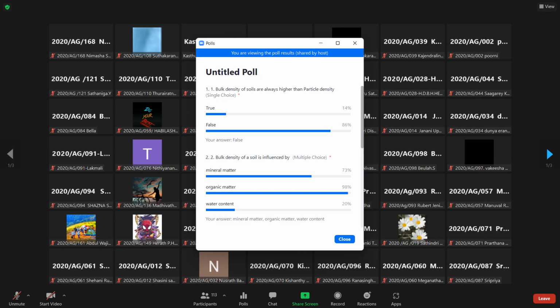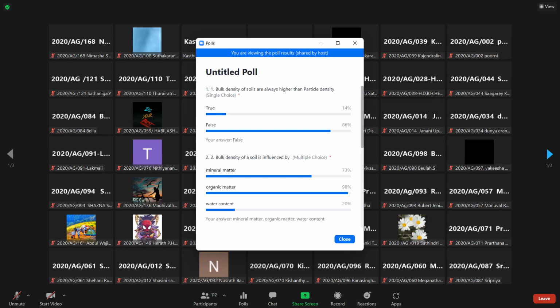Pore spacing is included in the bulk density, but particle density volume does not include pores, so porosity does not influence the particle density. Good.